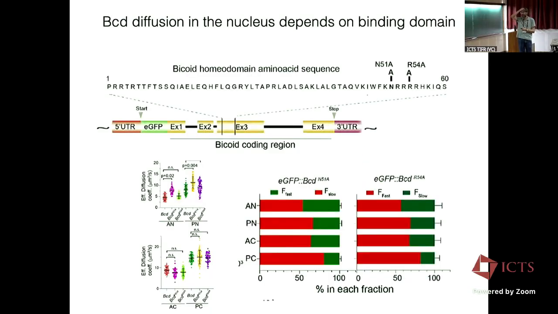So then we wanted to ask, what on earth is driving this? And so we focused on the Bicoid homeodomain, which is actually known to have binding sites to both DNA, but also to cytoplasmic elements. And what we then did was we created a range of different mutants, and it's a bit small here, but one of them, for example, in the nucleus, if we interfered with the binding of Bicoid to DNA, which is this mutant here, the N51, we see an increase in the diffusivity in the nucleus, which makes sense.